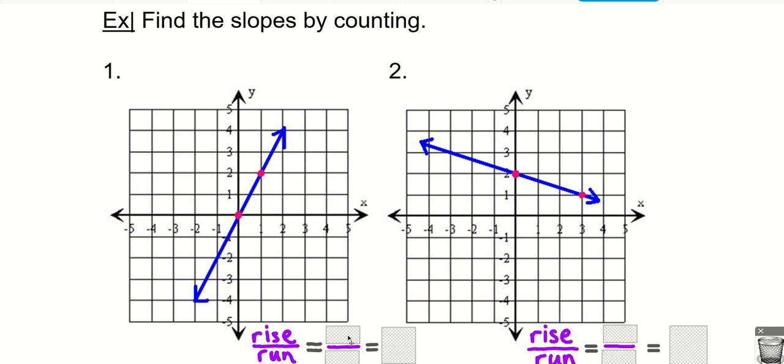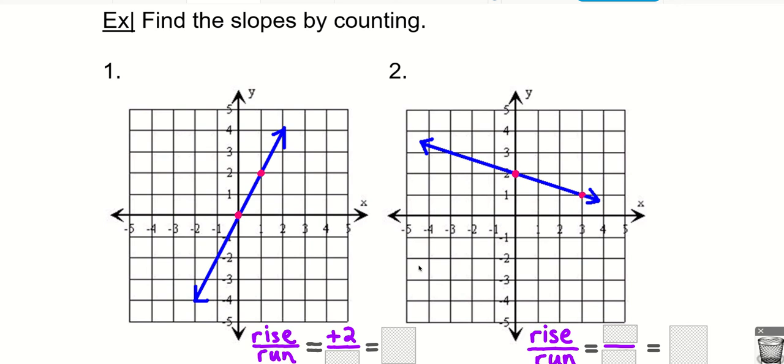All right, here's one of the big ideas of today. Going up is a positive direction. So up 2 is positive 2, whereas down would be in the negative rise direction. And then we go to the right for our run. Now, what do you think is the positive direction when you're going right or left?